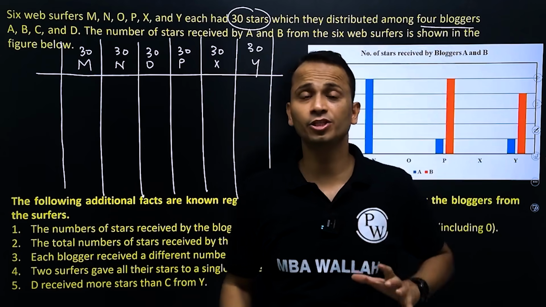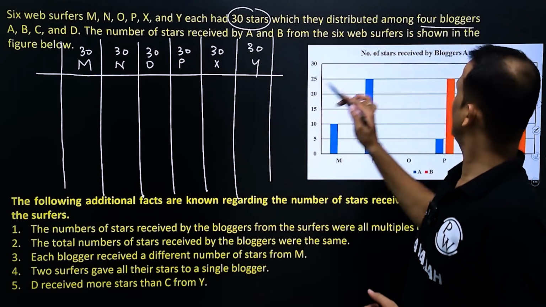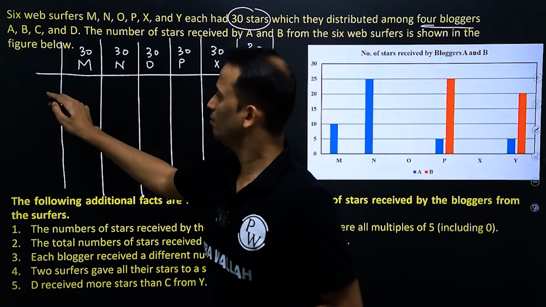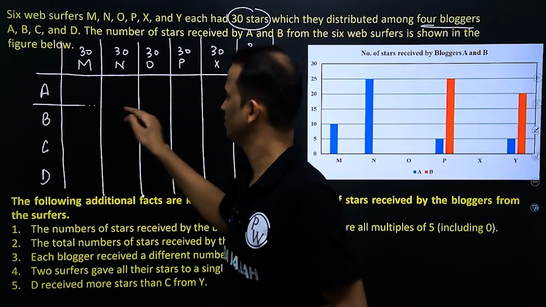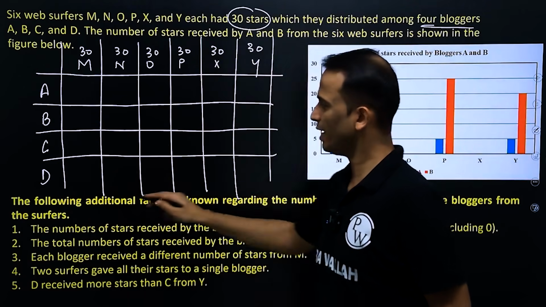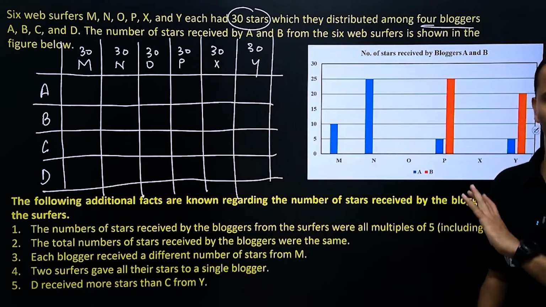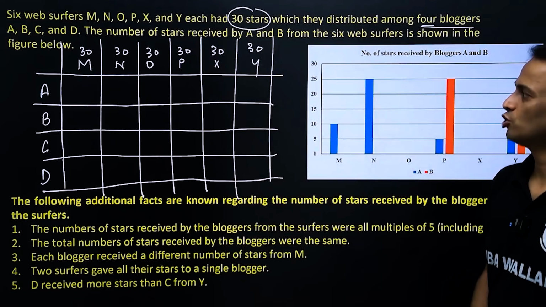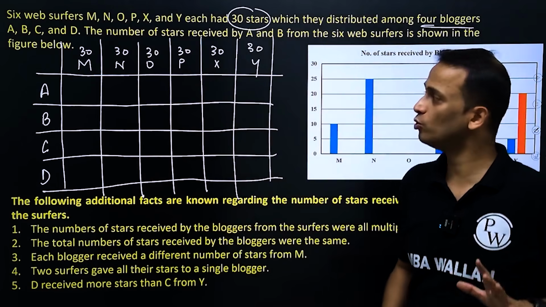In the examination, rough work, I'll not write. I'll save time. Now, there are 4 bloggers, blogger A, B, C and D, right? So 30 stars will be distributed by each of the web surfers among these bloggers. Perfect, great. So vertically the sum should be 30. We know this thing.